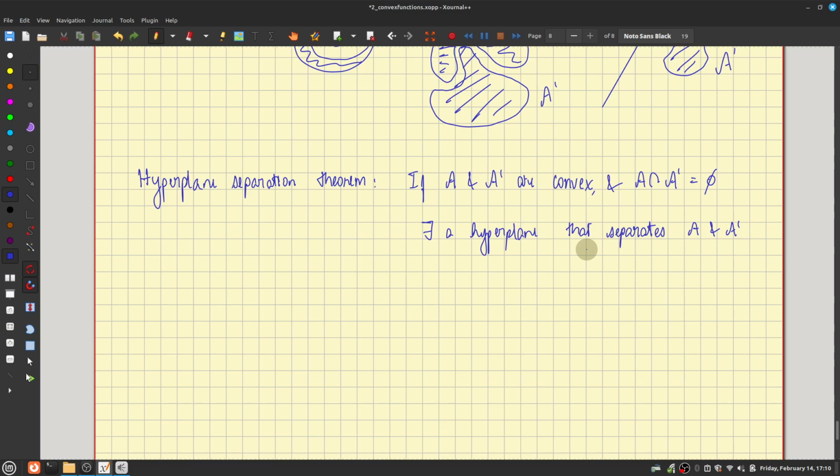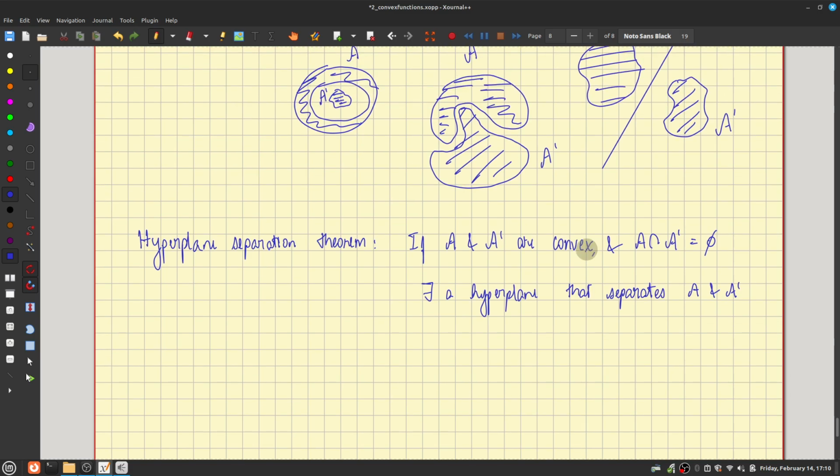Of course, I want both A and A prime to be convex. It's not enough if only A is convex. So I agree, if you take a convex set A and you look at its complement, potentially the complement need not be convex, right?